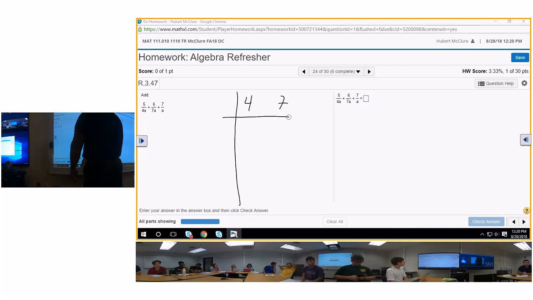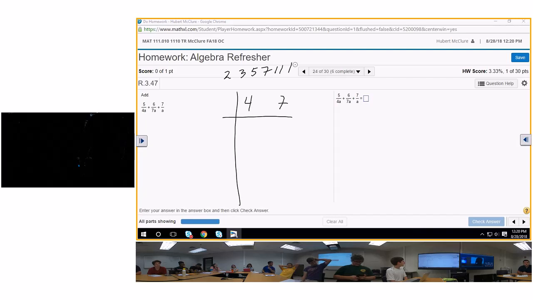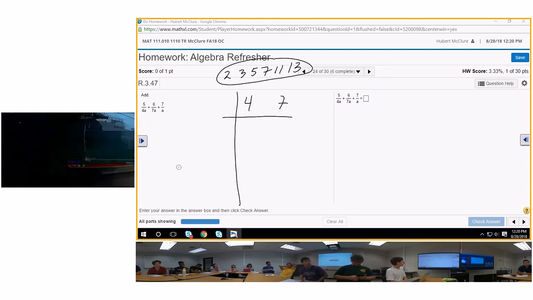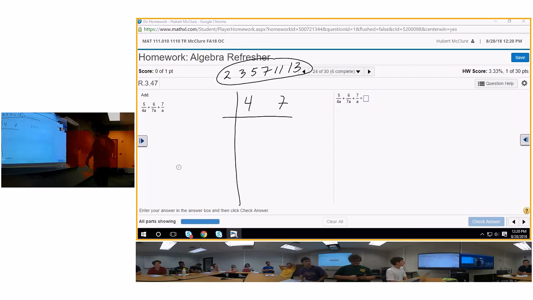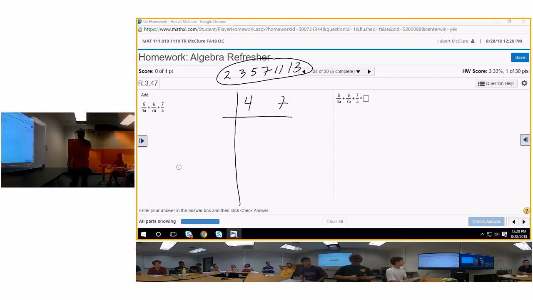You always divide by 2, 3, 5, 7, 11, and sometimes 13. What are these numbers? Prime numbers. You always divide by the prime numbers, because sometimes you're not going to have something as simple as 4 and 7. You may have 101 and 115 or something like that.